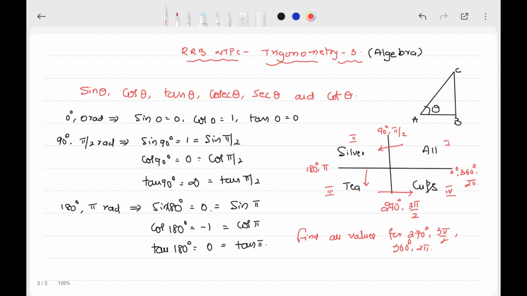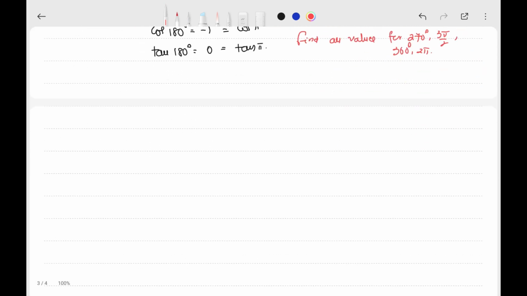Now, let's move further. This is the basic which we have understood till now. Why am I repeating? Because these things are very, very important. Now, let's go for sin 45 degrees, that is 1 by root 2, that is equal to sin pi by 4.